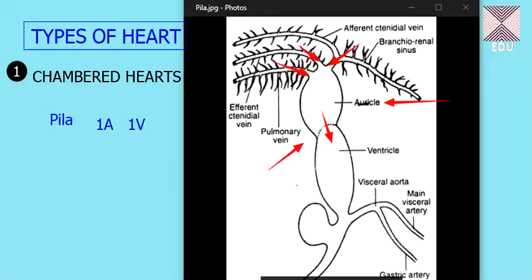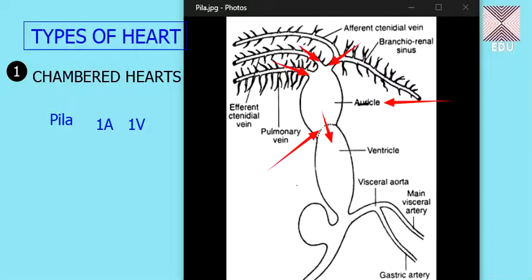So this is the aperture by which the auricle is opening into the ventricle, and the blood flows from the auricle to the ventricle. Now, the auriculoventricular aperture is guarded by the semilunar valves, which prevent the regurgitation of the blood, or the backflow of the blood, from the ventricle to the auricle. So this is the main function of these valves.